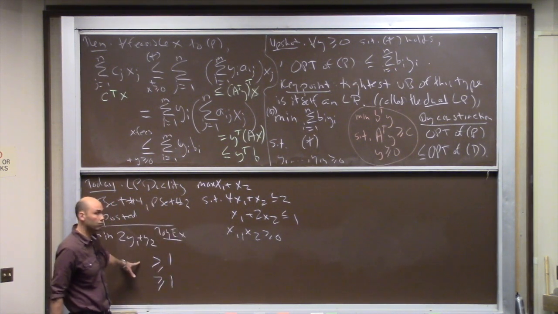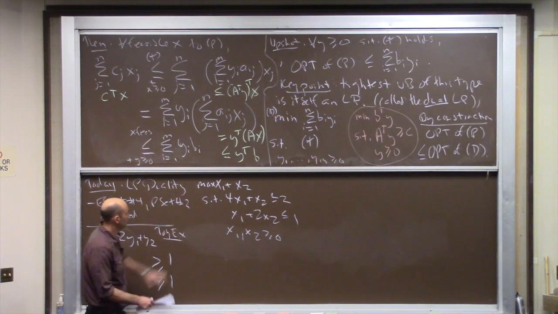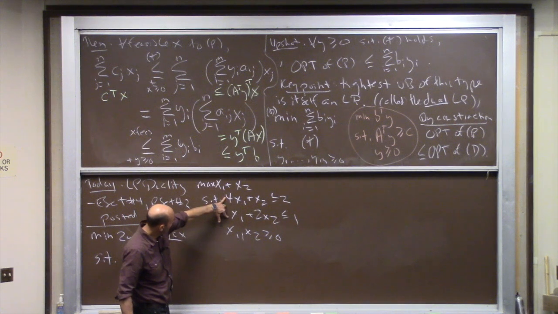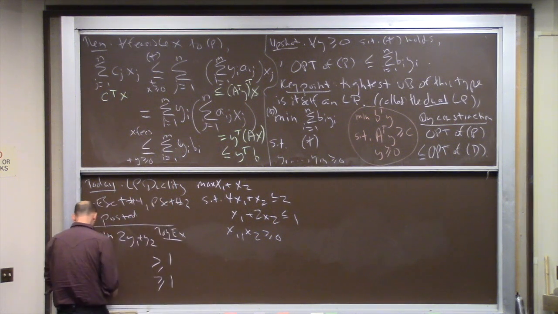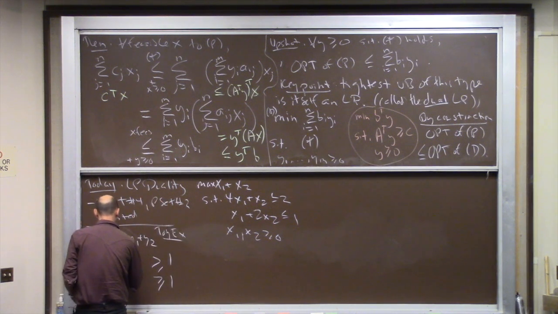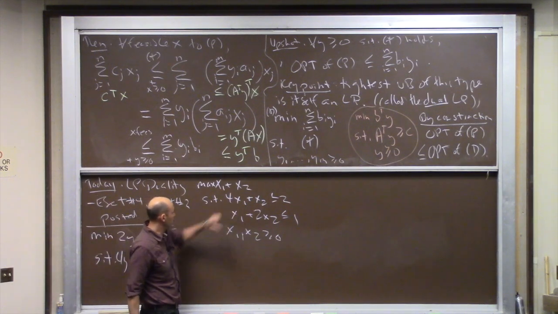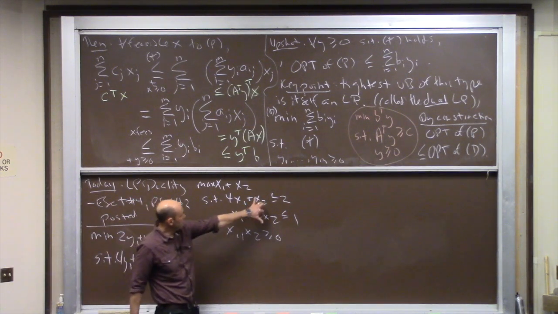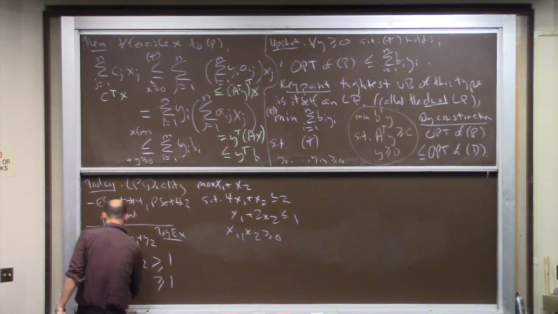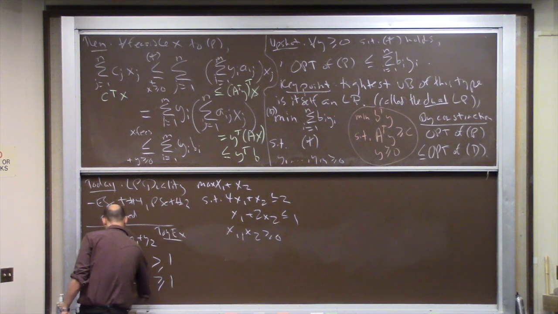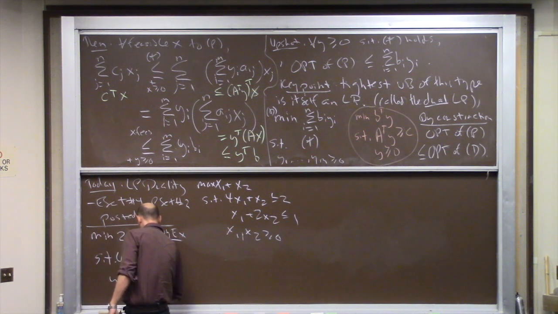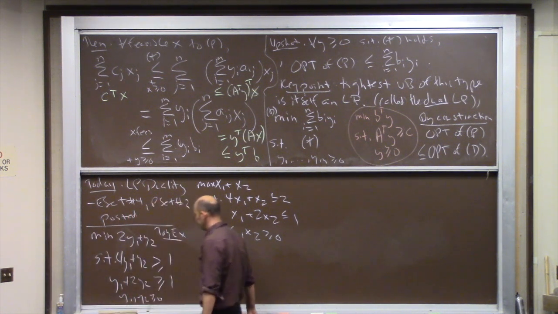That's going to become the first row in the dual. So it's going to be this 4 and this 1. So 4y1 plus y2 is at least 1, because the coefficients of x1 are 4 and 1. The coefficients of x2 are 1 and 2. So that's going to give us coefficients of 1 and 2 here. And then we'll have y1 and y2 non-negative.